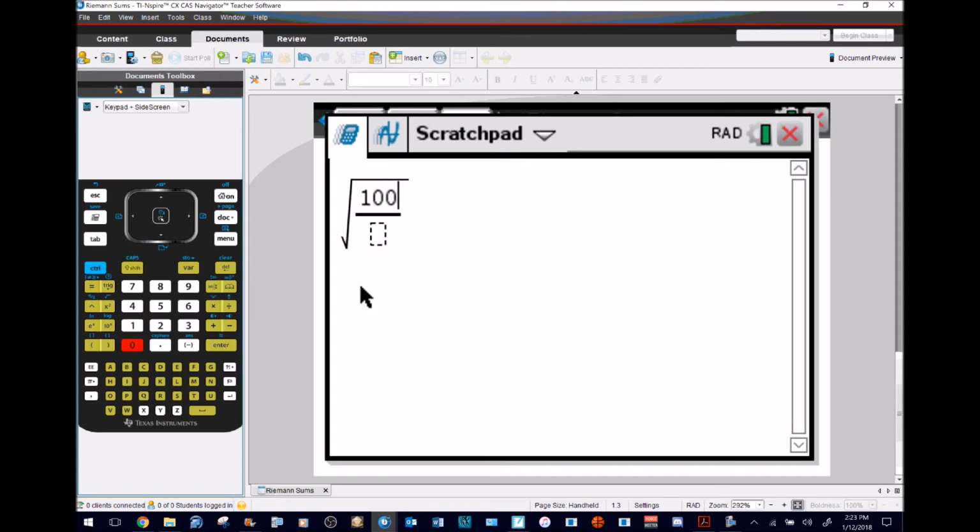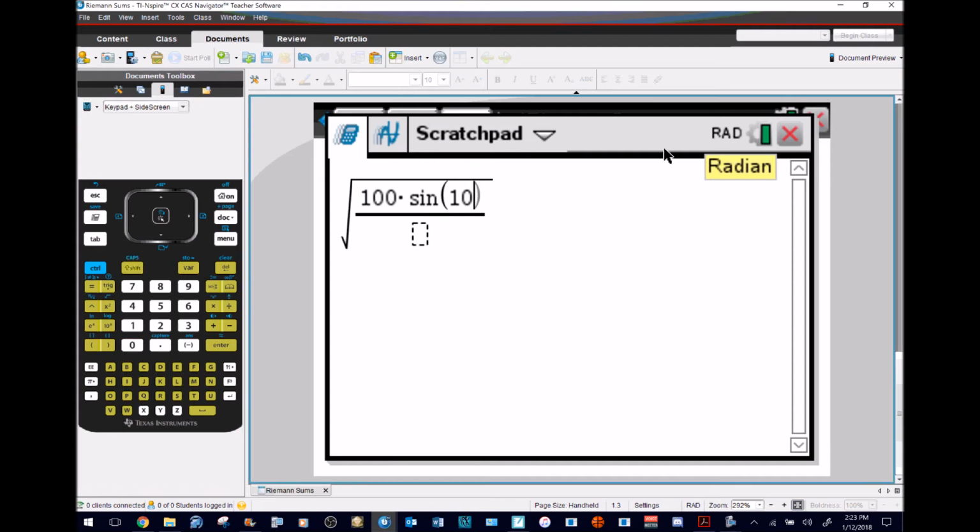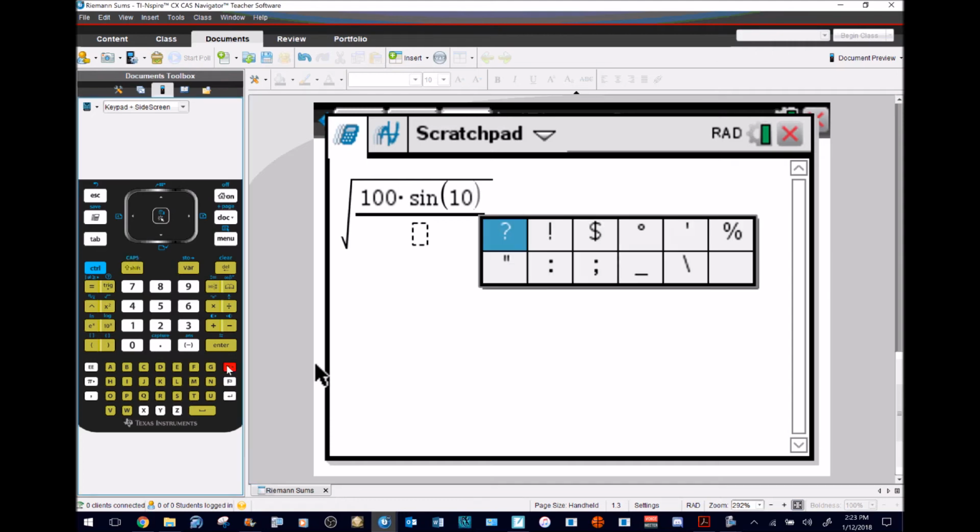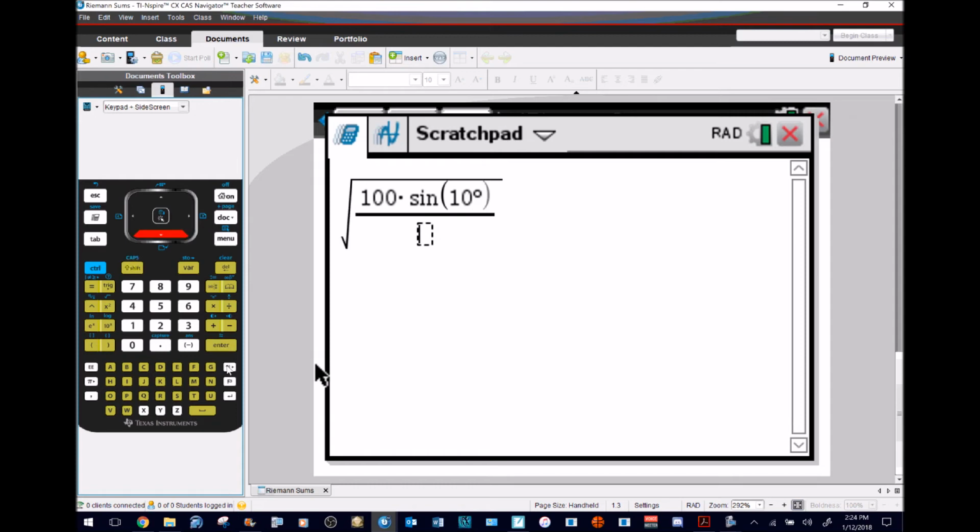Now you want to be really careful if you're using a calculator that is already set in radian mode, as you can see. You could change this to degree, but it's a lot easier in the case of the TI Inspire just to use this little button right here next to the G and just make sure we throw a degree symbol in there. Otherwise, we would have been computing this at the sine of 10 radians, which is a totally different answer.